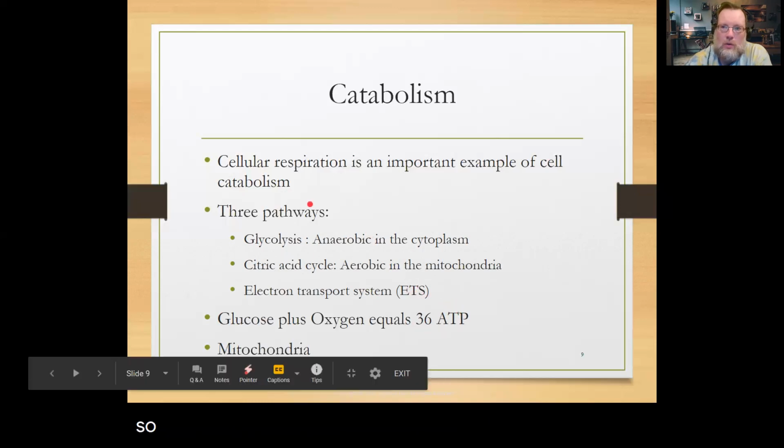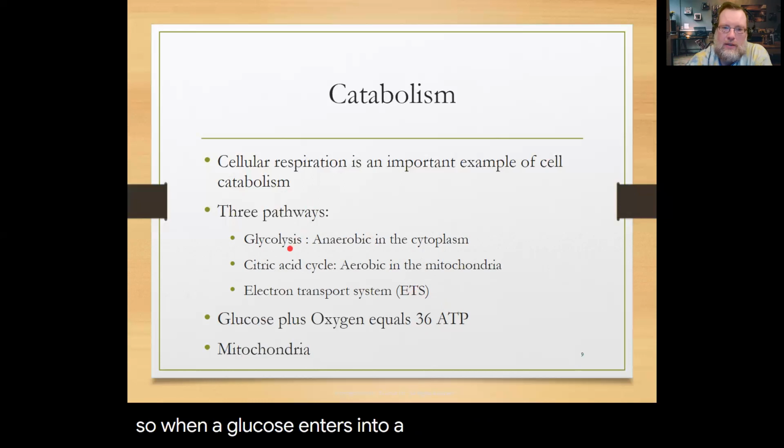So when a glucose enters into a cell, it's going to start being metabolized in the cytoplasm. We don't get very much ATP from that. Without oxygen, in an anaerobic situation, we're only going to get a couple of ATP.